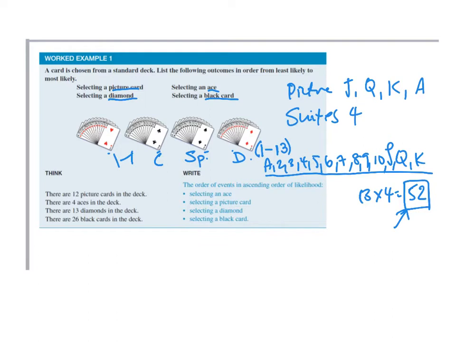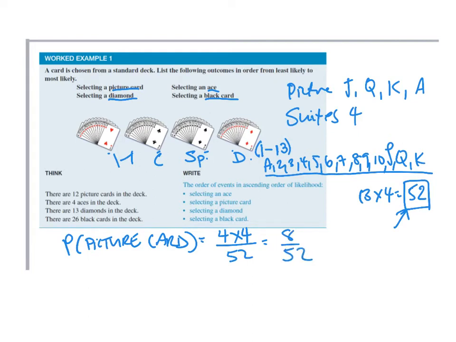We're going to look here at the question. The chance of selecting a picture card is the probability of selecting a picture card. That's the event, and we're going to calculate that event. 4 lots of 4 out of 52, so that's 8 out of 52, which on my trusty calculator as a decimal is 0.1538.